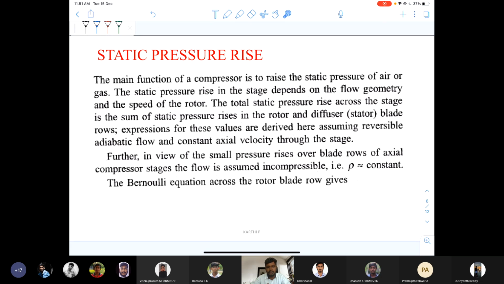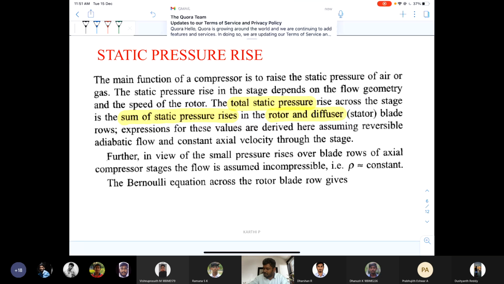So first we have to separately derive the equation for the rotor and the stator, and on adding them, it will give the total static pressure rise in the stage.